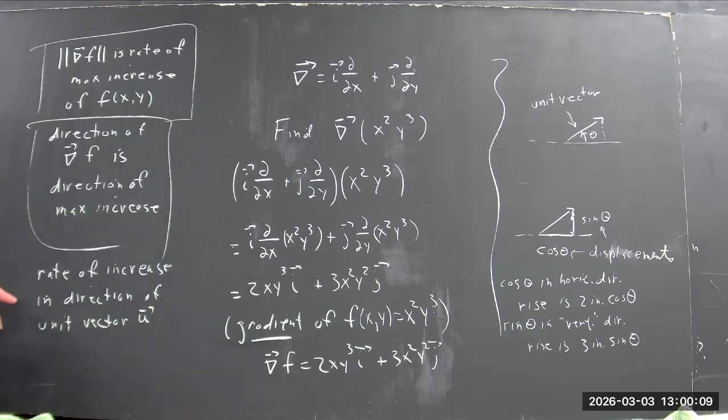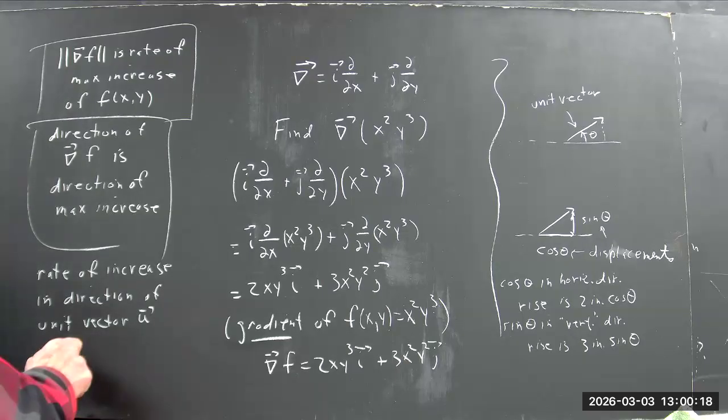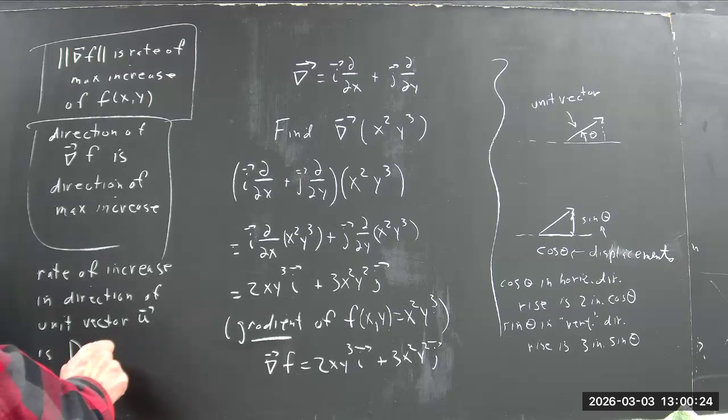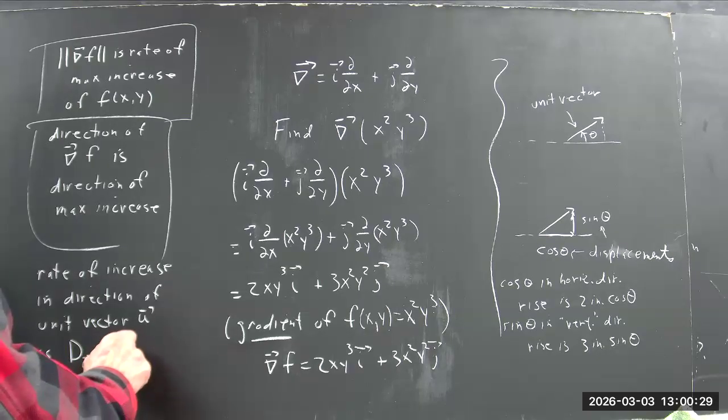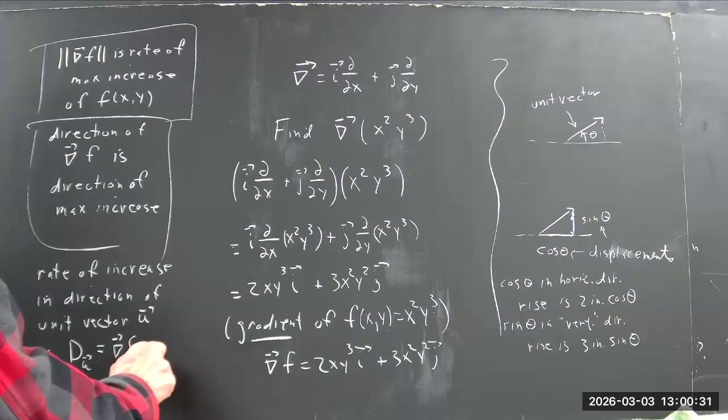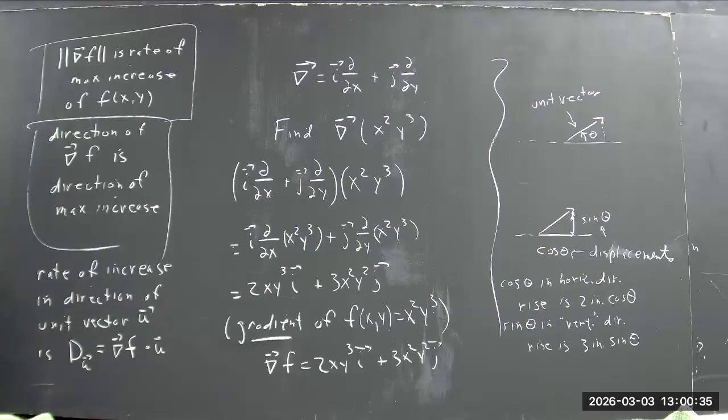The rate of increase in the direction of a unit vector u is, I'm going to give you the notation, a big D sub u, and that's del f dot u.